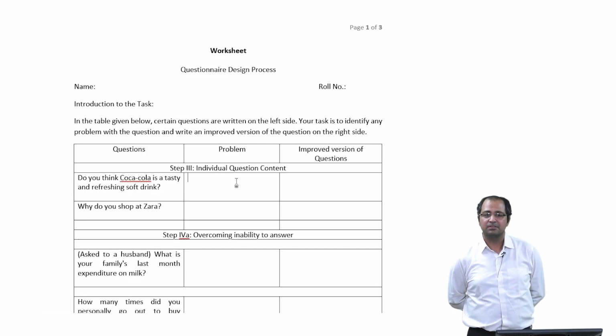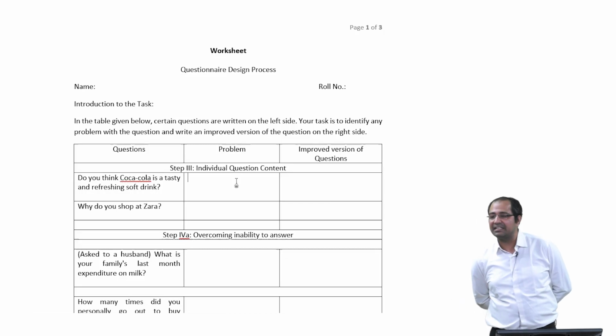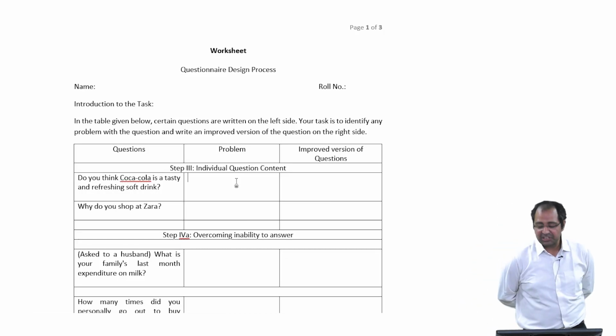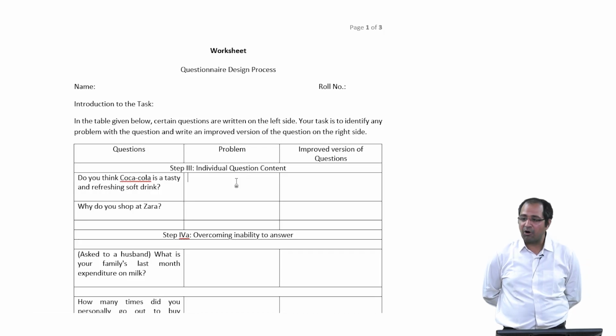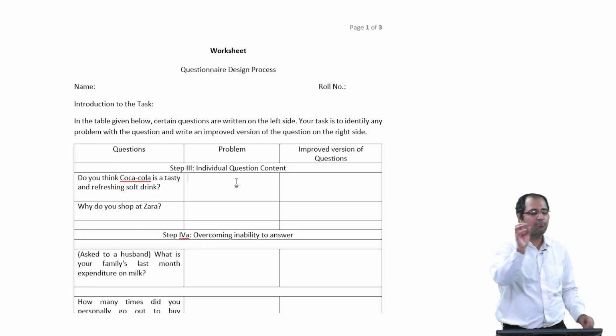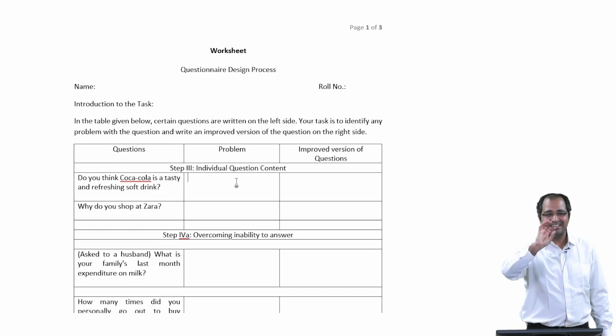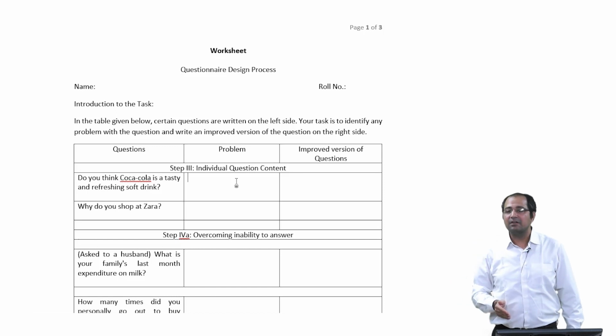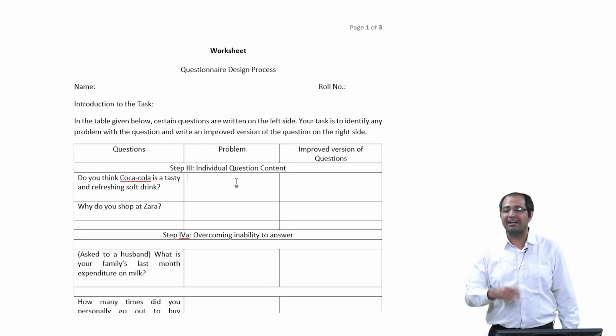No, but people would also ask, what does no mean? Is it for both? Is it tasty, or for one, which one of them? Generally, when you put 'and' or 'or' in the same statement, that is wrong. These are called double barreled questions.